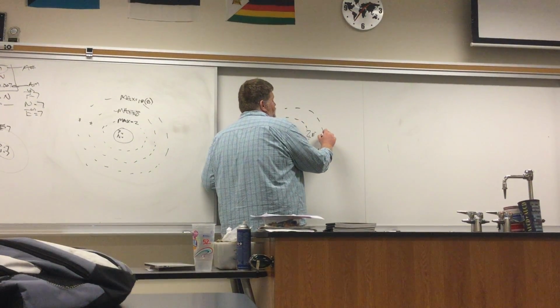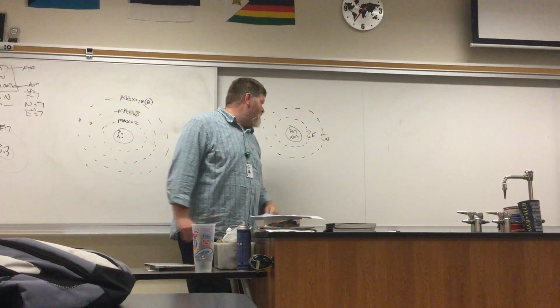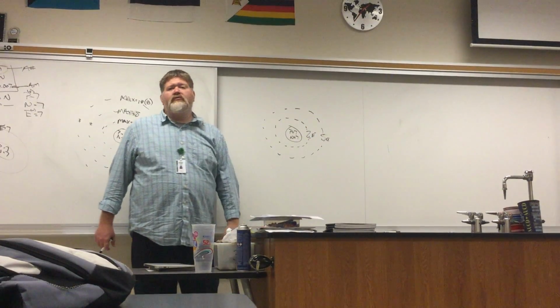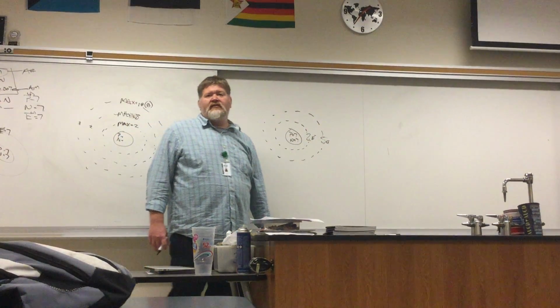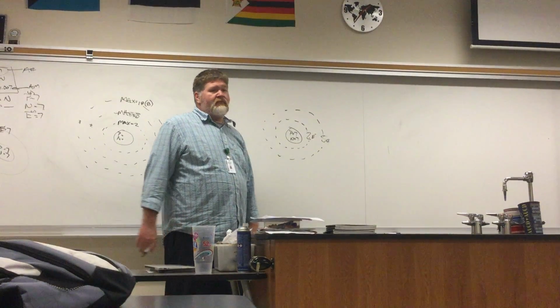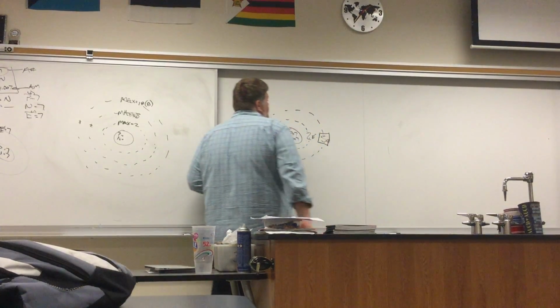So can I put all 5 in there? Of course. So if I put all 5 of my electrons in, I have 5 plus 2. How many total electrons? Have I completed my nitrogen? Yes, you have.